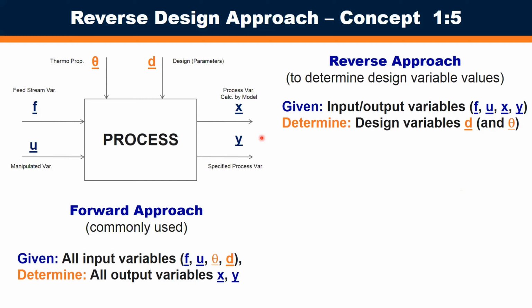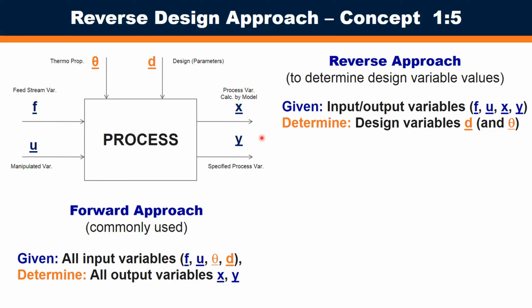So that from a design perspective, from an engineering perspective, is a much more logical and effective way of doing things, because you're solving for a unique solution that gives you exactly what you're looking for, rather than having to go through an iteration to constantly try to improve until you get to the outcome that you were looking for.